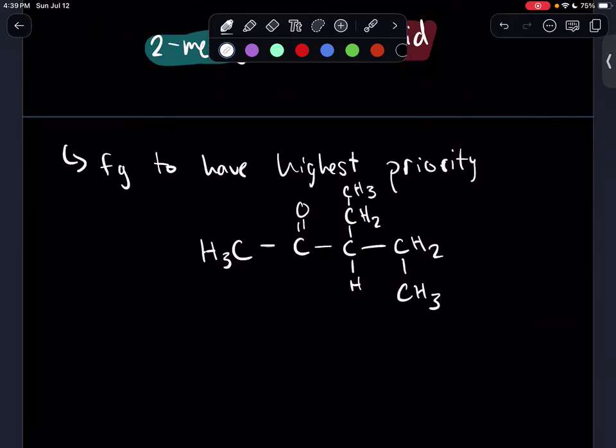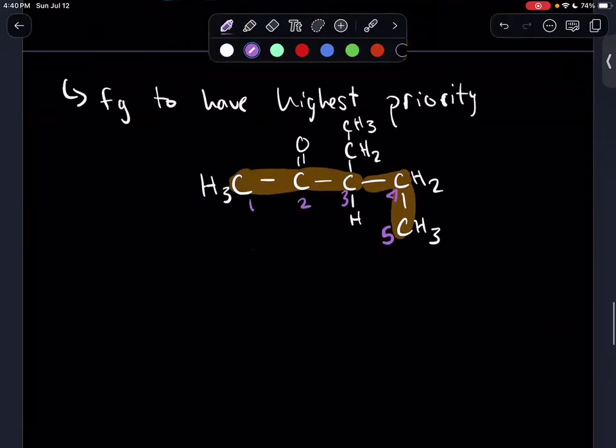With that in mind, we should start from over here so that we know we have our ketone in our chain. Now, regardless of if I go up or to the right, it truly doesn't matter. So I'm just going to move to the right and down. This is going to be 1, 2, 3, 4, 5, ensuring that our ketone has the lowest number. With that in mind, we have an ethyl group here on carbon 3.